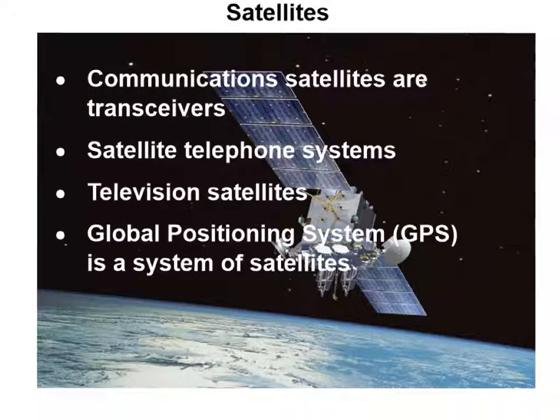And last, we cannot forget about communication satellites. Communication satellites are transceivers. We see their application with satellite telephones. They can be used even when you're flying across the Pacific Ocean because they are communicating with the communication satellites. Here's a picture of a communication satellite.